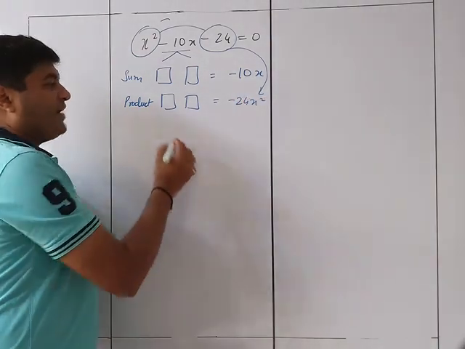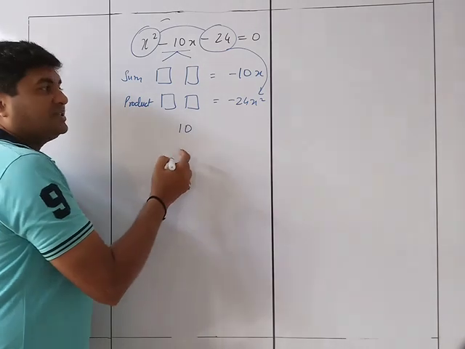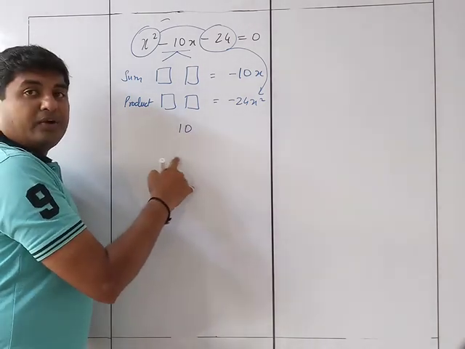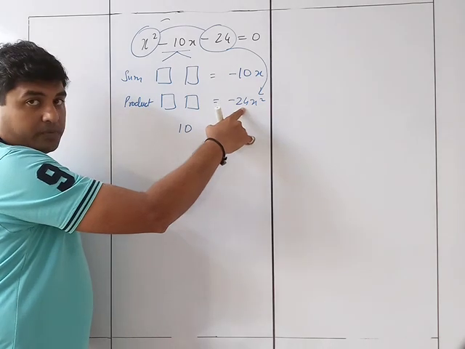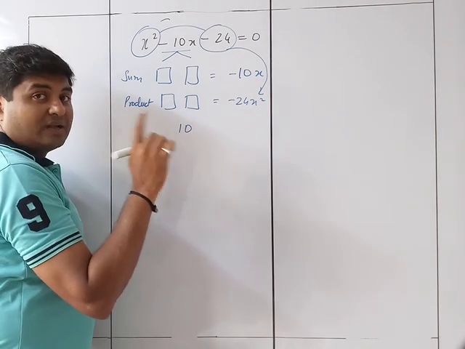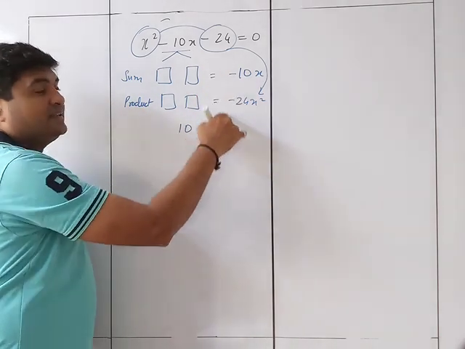So we need to find the factors of 10 such that the multiplication of the two factors is 24. Also to consider that the signs are there.